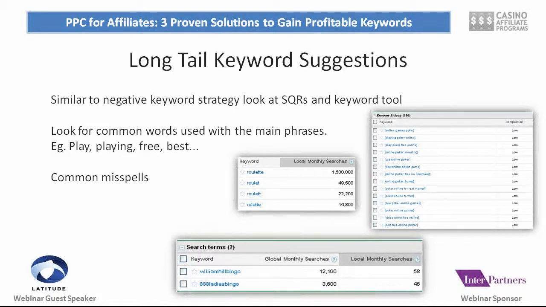Commonly the ones they miss out are ones where you attach the name all as one word, like the two I've provided at the bottom. If you can get on brand terms, often the clicks are much cheaper, and you get a good amount of conversions from those. So as I said, think outside the box, look at common misspells as well as those common words beforehand, and see whether you can pick up cheaper, less competitive variations than some of the big terms.